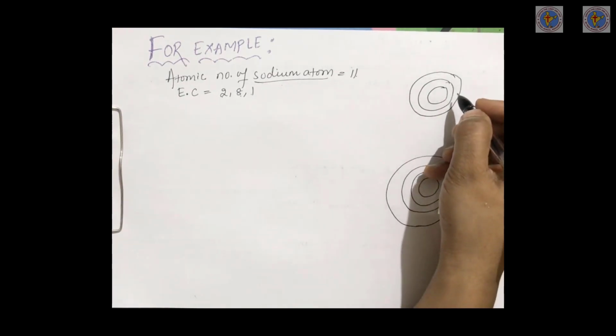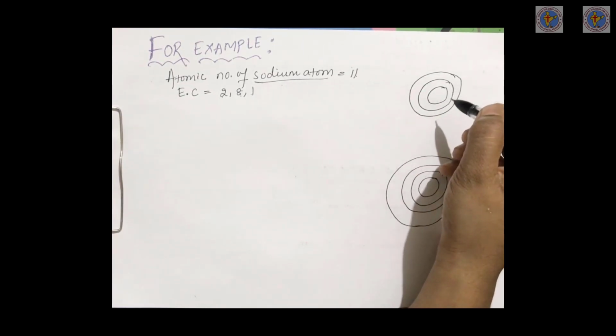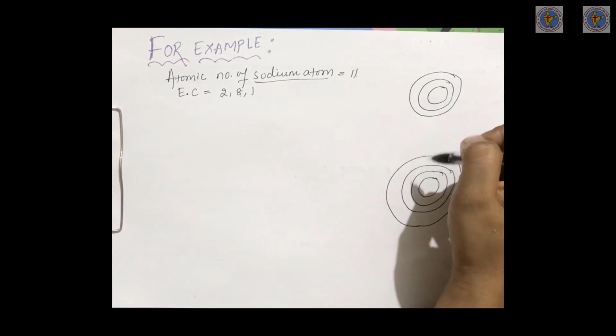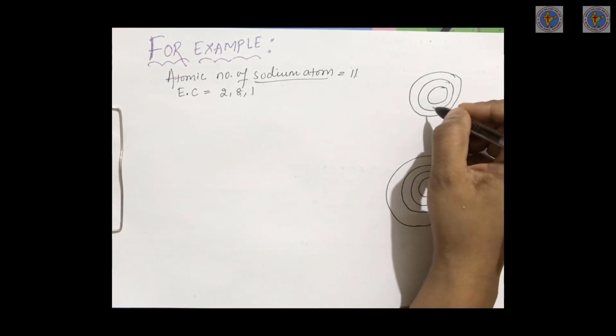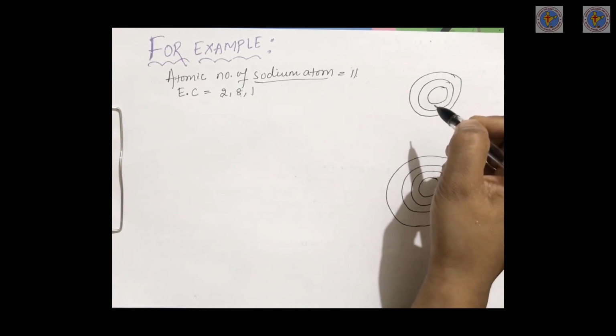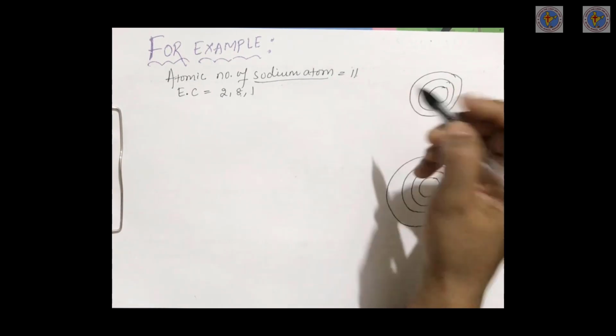So how can we represent this in the form of orbital structure? Okay, so this diagram is called an orbital structure. Now let us draw the orbital structure of sodium atom.